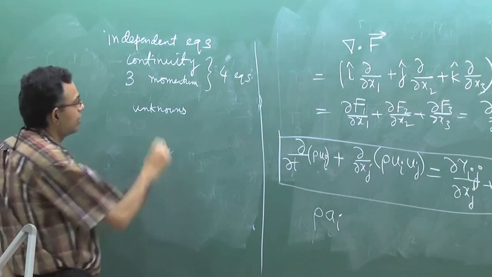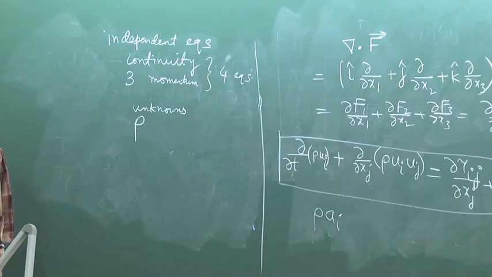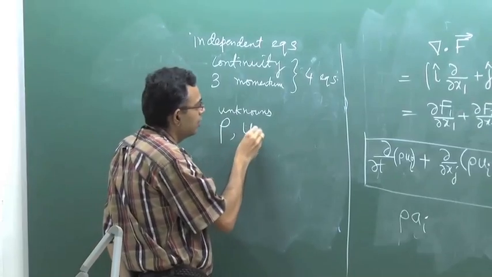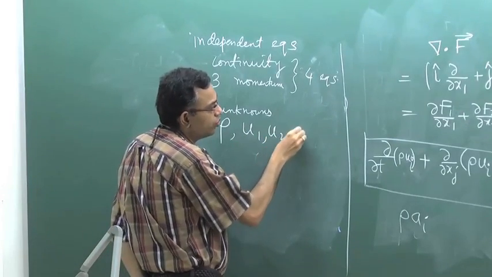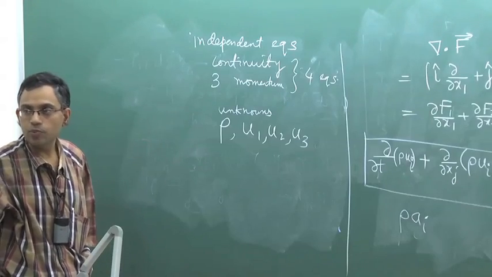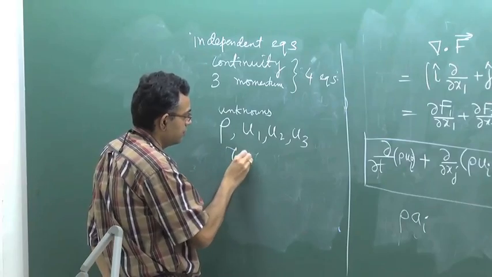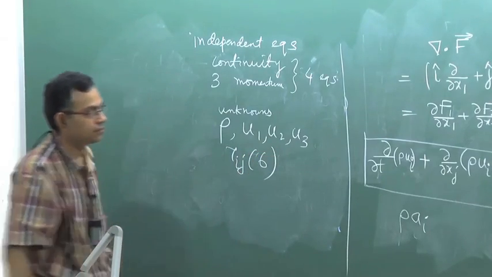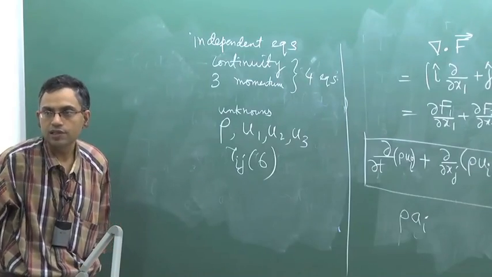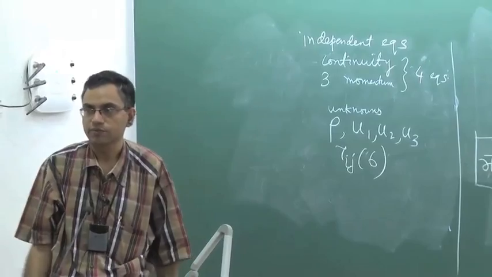What are the unknowns? In general, you may have rho as an unknown, density may be an unknown, then u1, u2, u3, then 6 components of tau ij. Body force is usually prescribed, it is known, because you are interested in the motion given a particular body force.